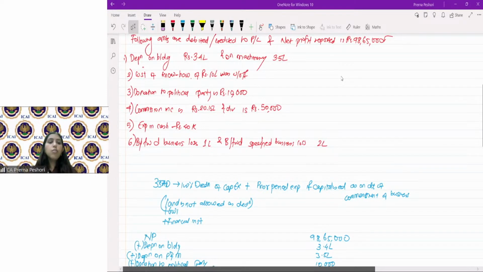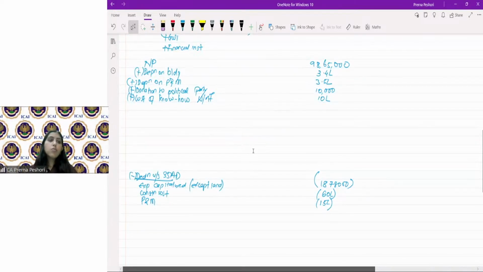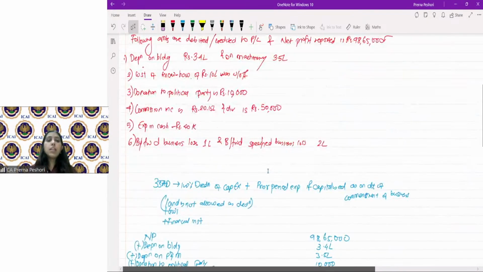No, commission is for the other business and not for specified business. So these both will be taken as other sources. So I'll reduce here commission income and dividend income. Both of these will be considered in the other sources.